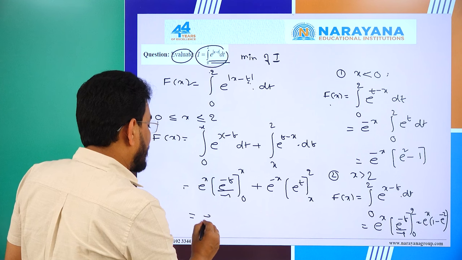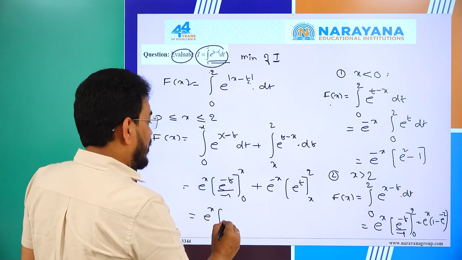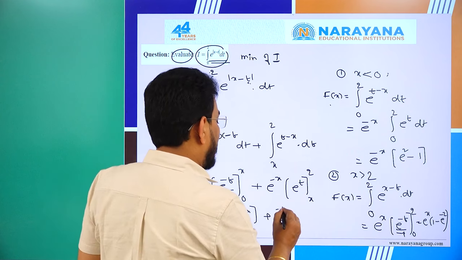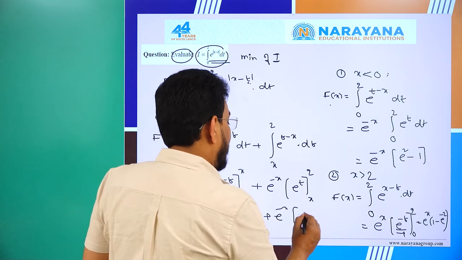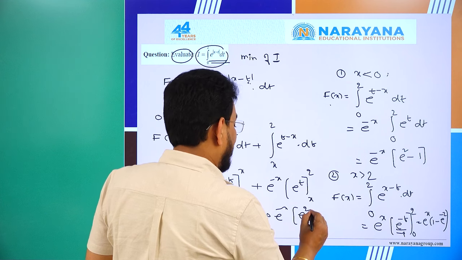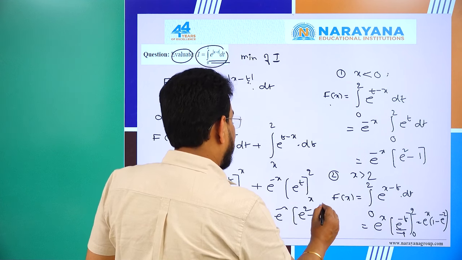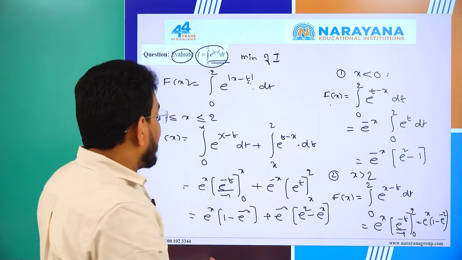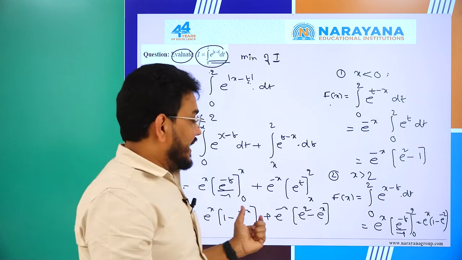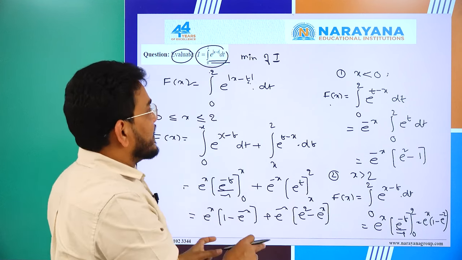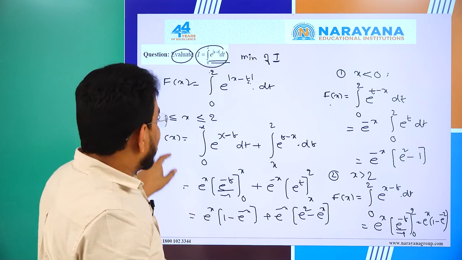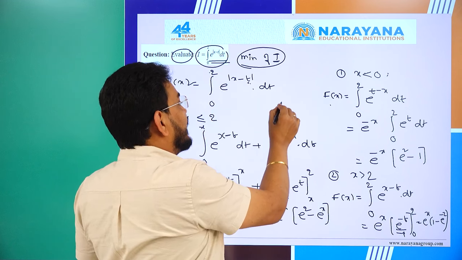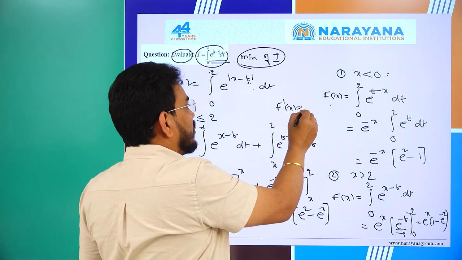So this is equal to e power x into 1 minus e power minus x, plus e power minus x into e square minus e power x. So you just go and simplify what are the values you are going to get. So once you get these values, f of x you are getting, then for maximum or minimum you go for f dash of x is equal to 0.